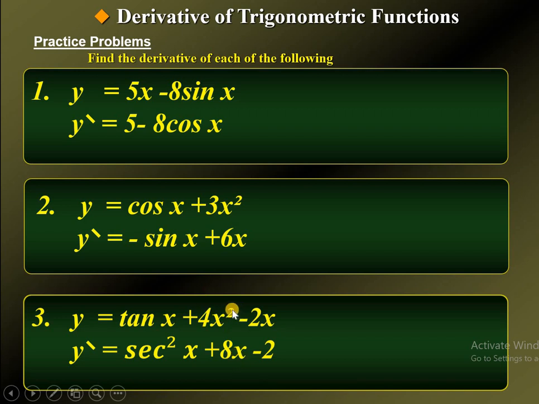Reduce the power by 1, 2 minus 1 is 1, 8x power 1. Derivative of negative 2x, just negative 2. The power here is 1, 1 times the negative 2, it's negative 2. And the x power 1 minus 1, x power 0, which is equal to 1. And it's not important to write multiply by 1.